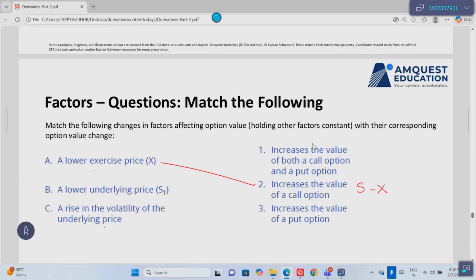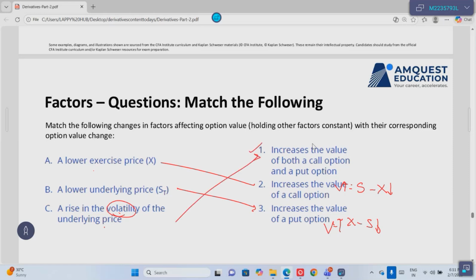And if this goes down, the value will go up. Very good. You can buy cheap. A lower underlying price will increase the value of a put option, because it is X minus S. If this decreases, the value increases. Very good. And a rise in volatility increases both.